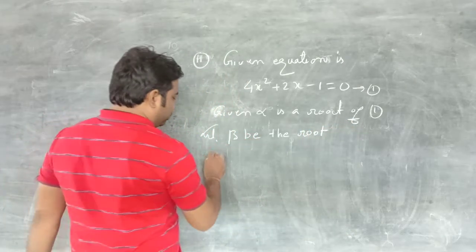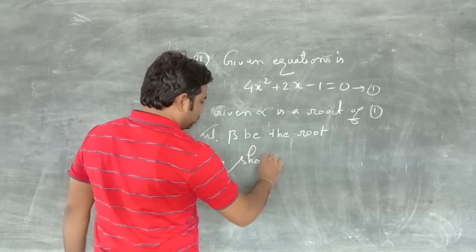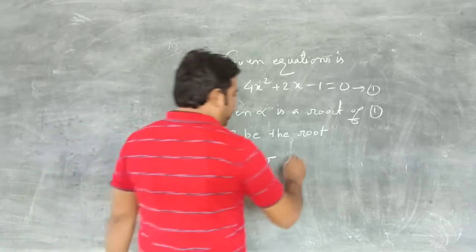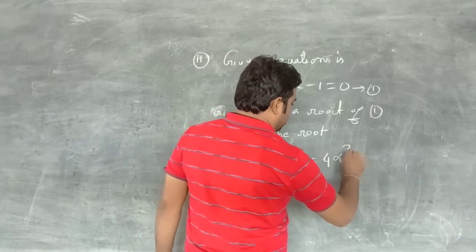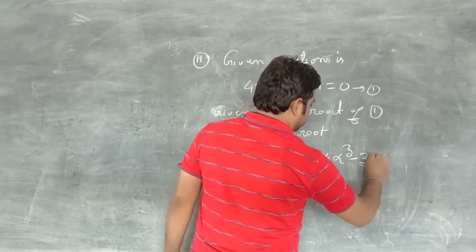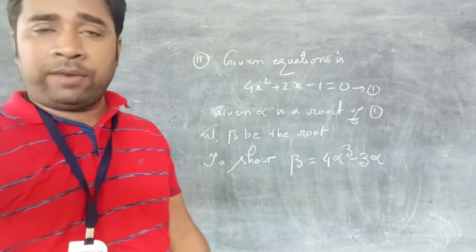So to show beta equal to 4 alpha cube minus 3 alpha.